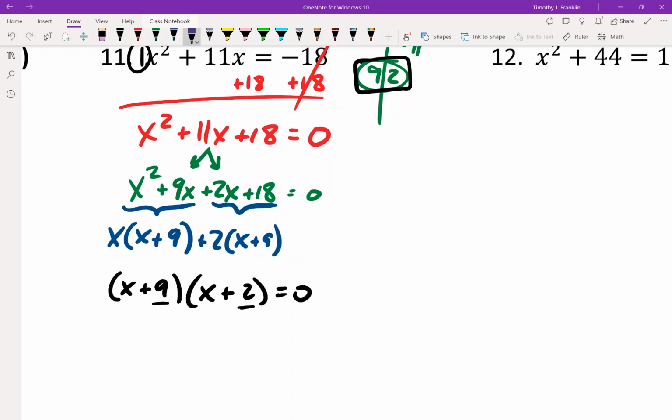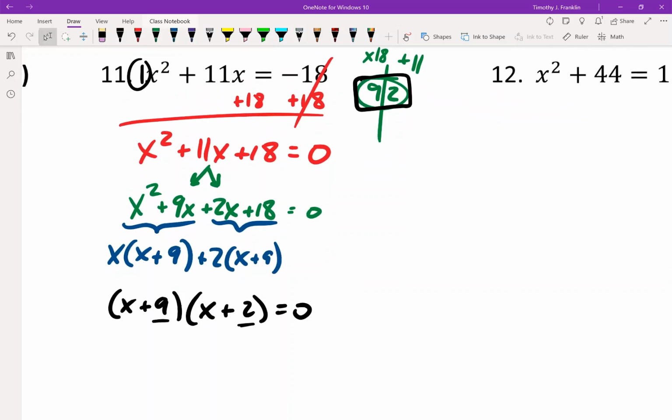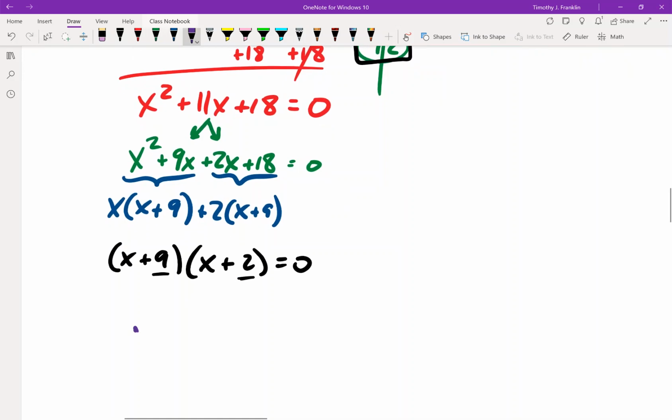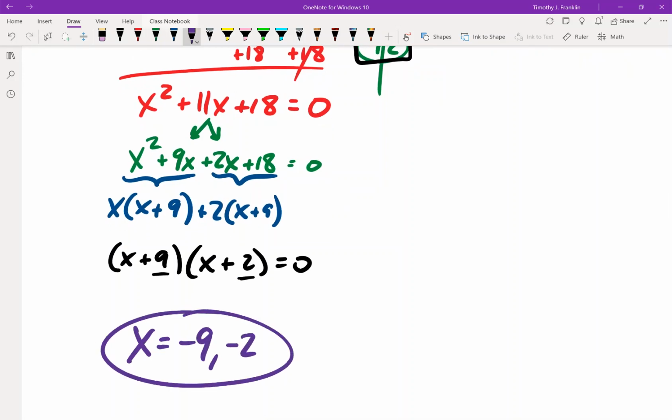But if you are comfortable enough to skip that part, that's okay. However you've learned how to factor these works just as well as long as you get the right answer. So our solutions here would be negative 9 and negative 2, because those are the numbers that will make each of these things 0.